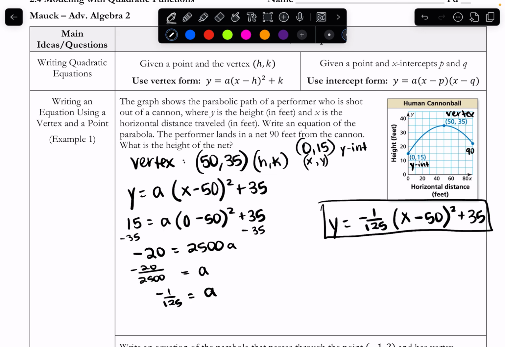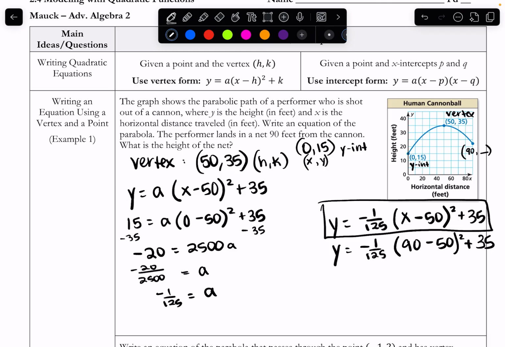That's what I'm trying to find there, 90 comma something. So I have an x, I can sub that in and actually figure out the y that goes with it. It's possibly a fraction or a decimal, but you're just subbing in the x value to get the y that goes with it.